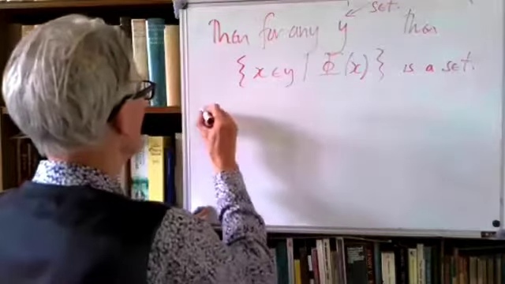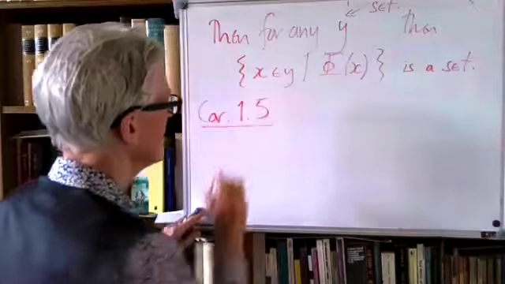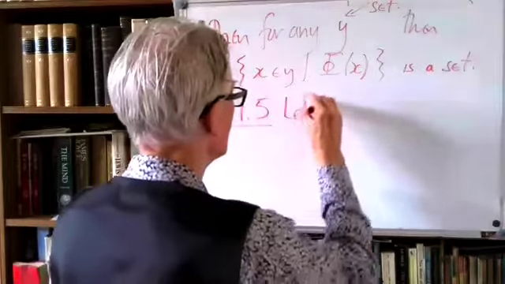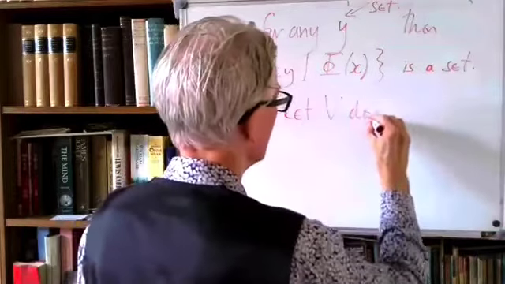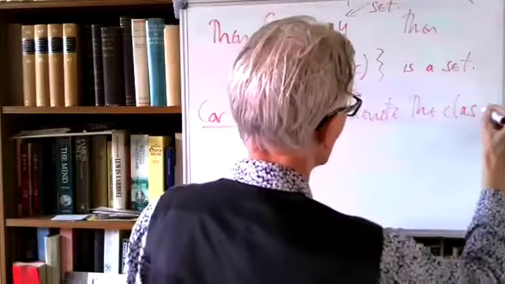So let's do corollary 1.5. Let V denote the class of all sets. Then V is a proper class.